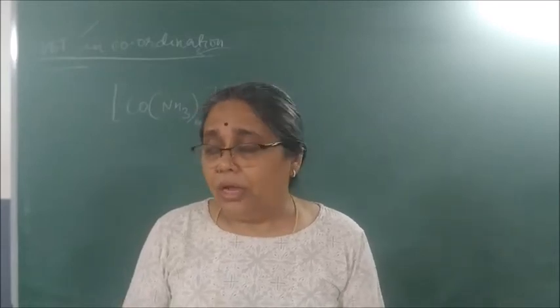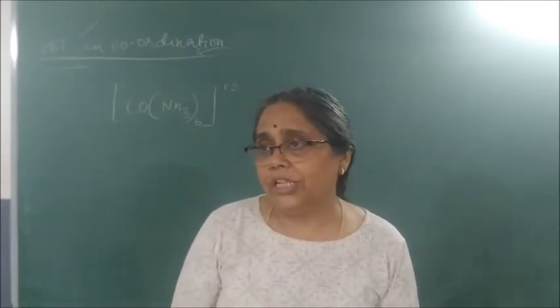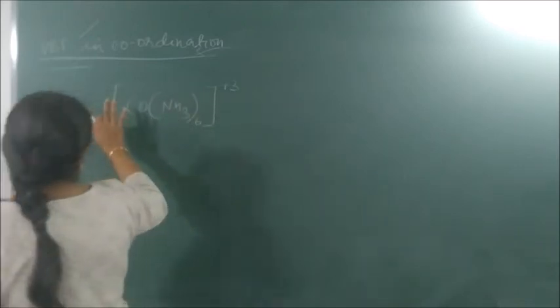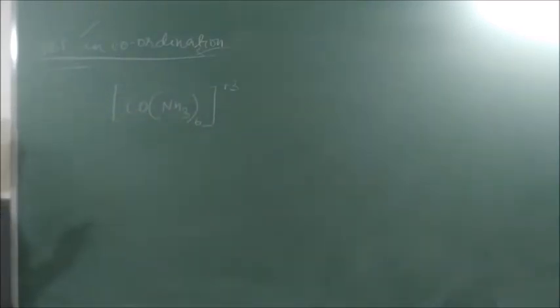Fine? Understood this? So we have to explain in this what is its hybridization. So we will know hybridization, either it will be sp3d2 or it will be d2sp3. What is the shape? The shape will be octahedral. Whether it is paramagnetic or diamagnetic. Whether it is an inner orbital complex or an outer orbital complex.